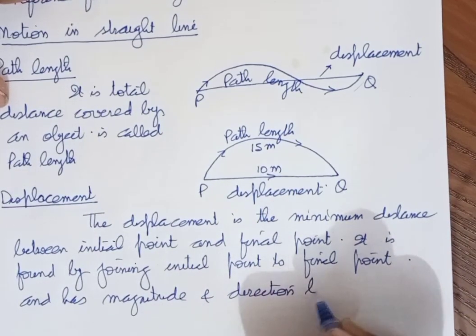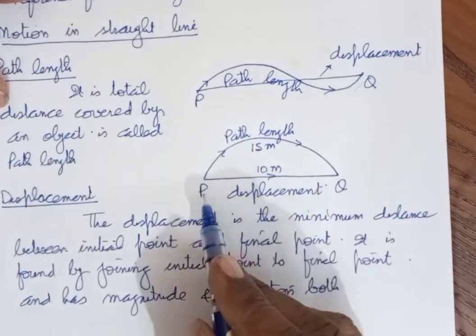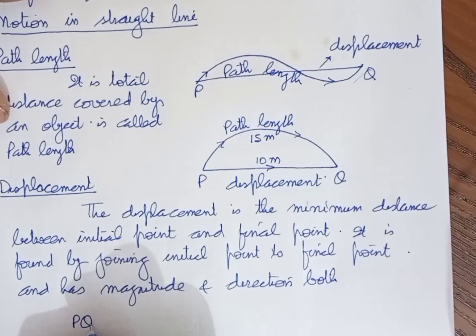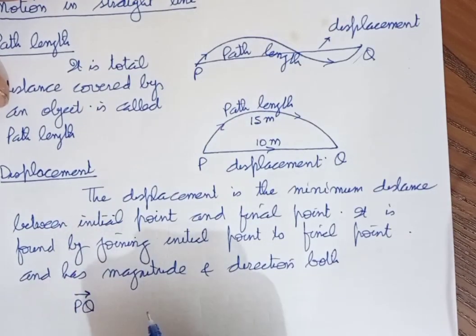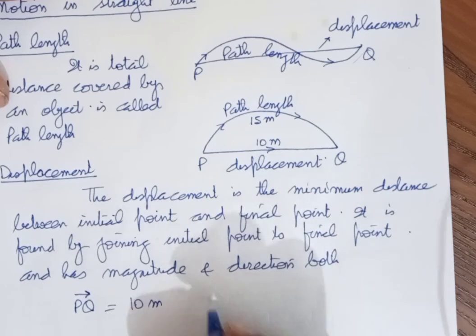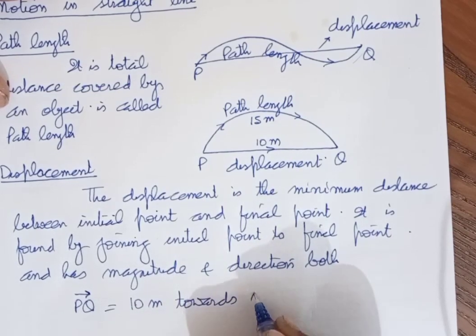So both are things here. Means the displacement is PQ. It should be shown by a vector because such a sign is needed. It is 10 meter towards north, towards right. Both the things we have to write.